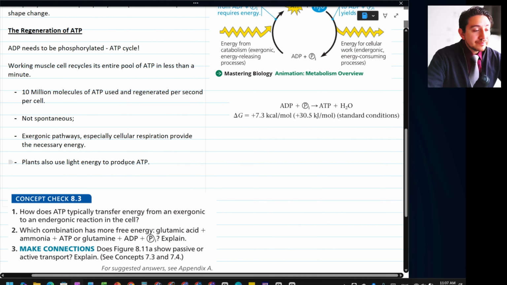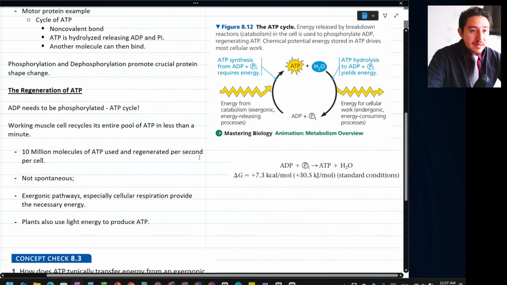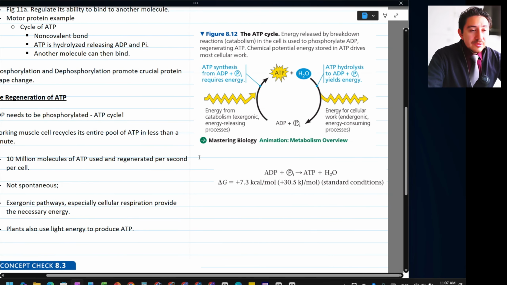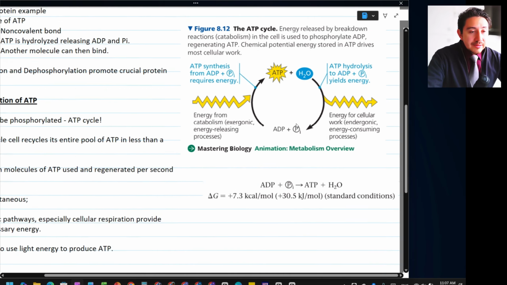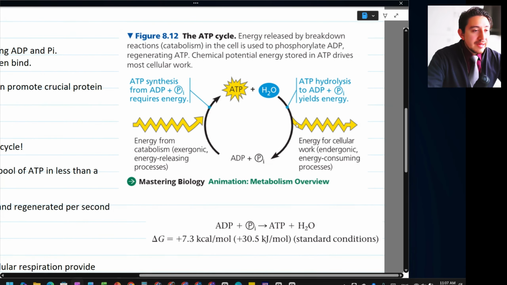And again, plants also use light energy to produce ATP in the light reactions. So looking at this ATP cycle, you have the energy released by the breakdown reactions, the catabolic reactions. So you have energy coming in from catabolism.